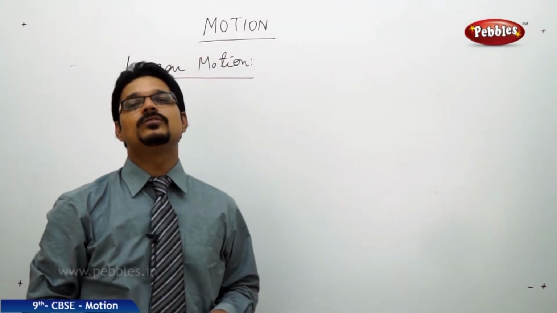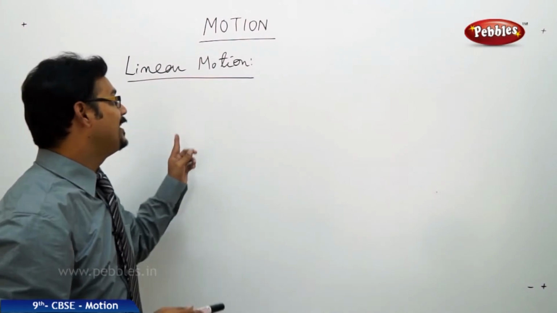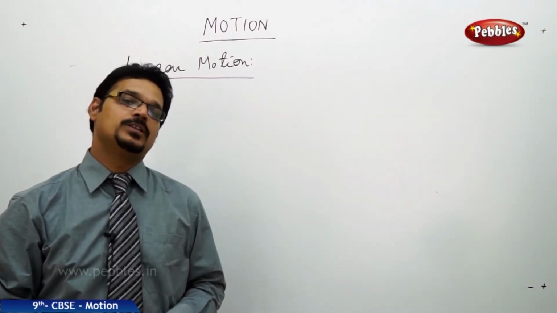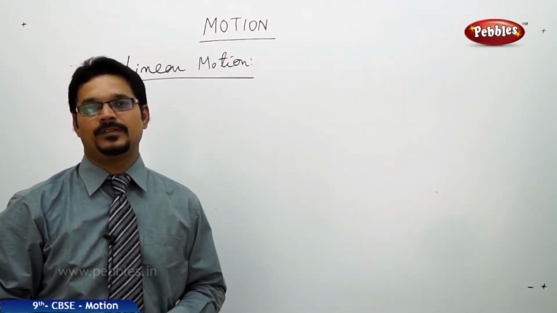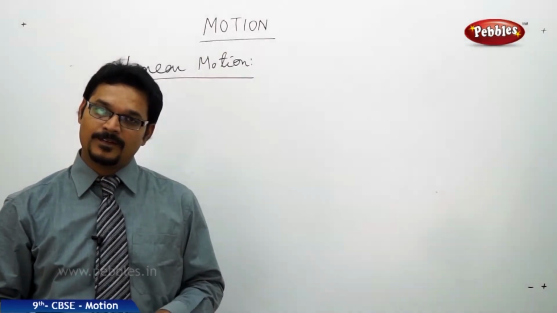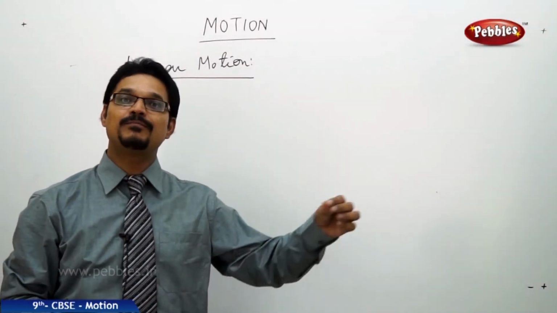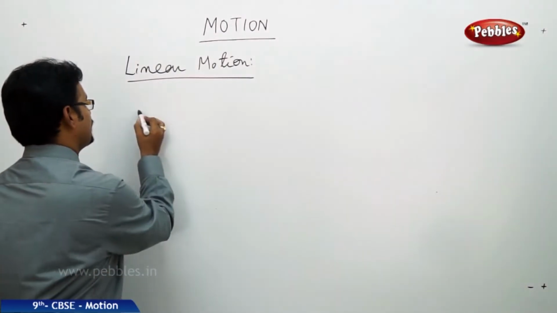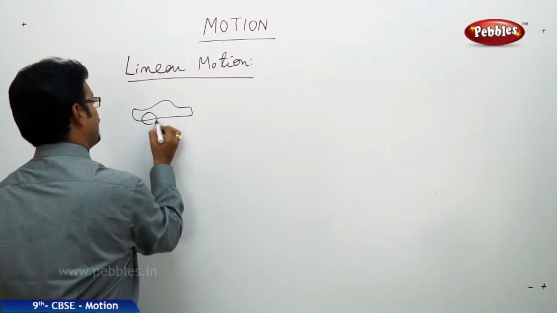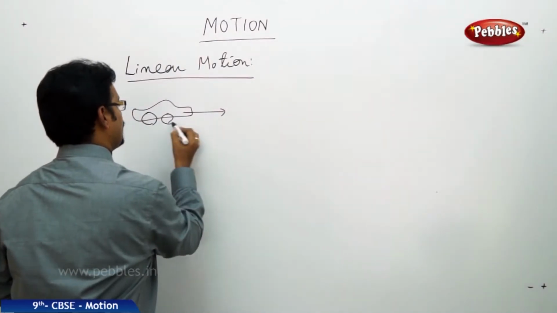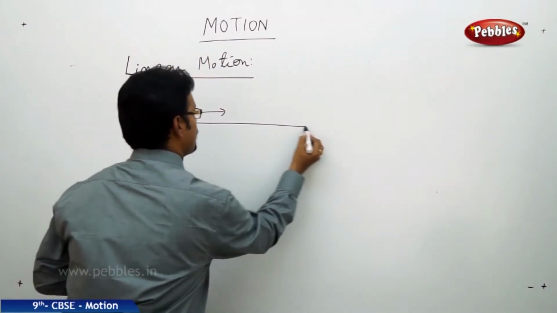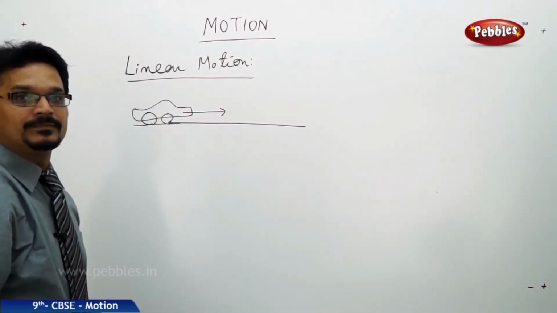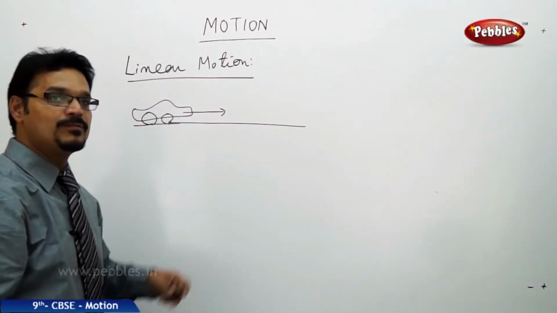Now come back to our main topic, linear motion. So what is linear motion? The motion which is in a straight line path is called linear motion. Take an example of a car. A car is moving on the road on a straight line path. Then we say that the car is in linear motion.